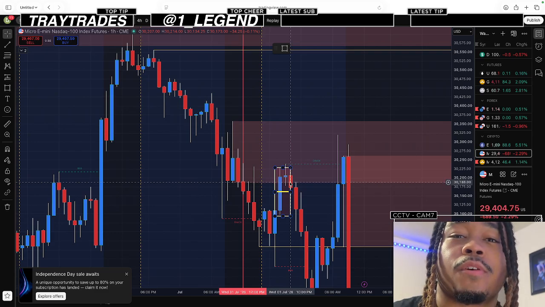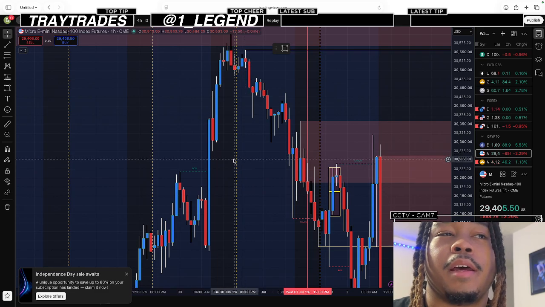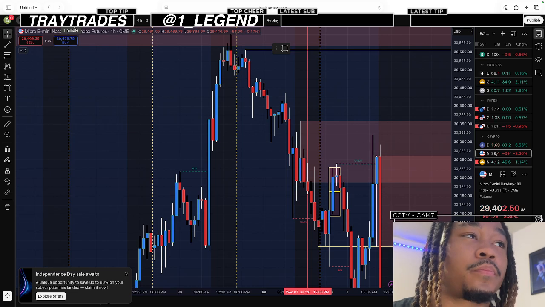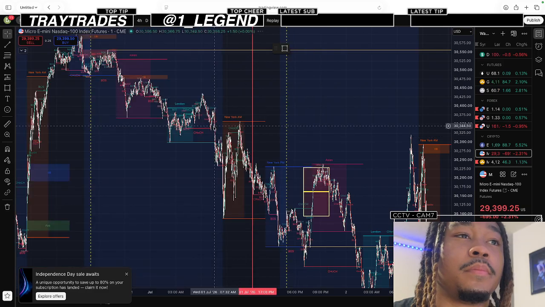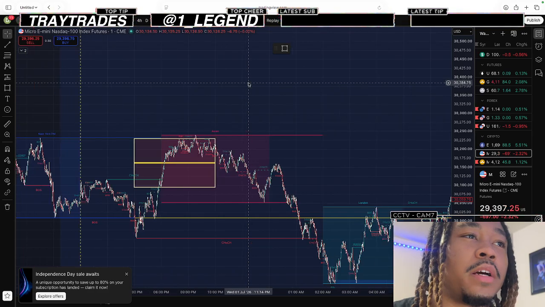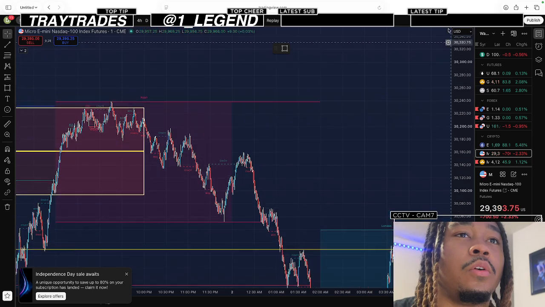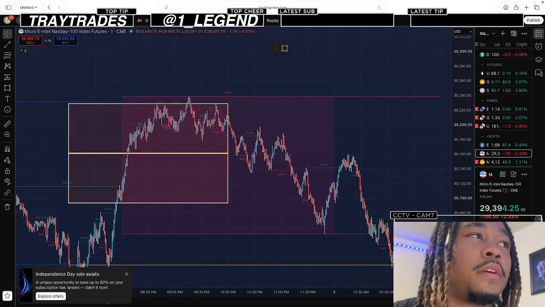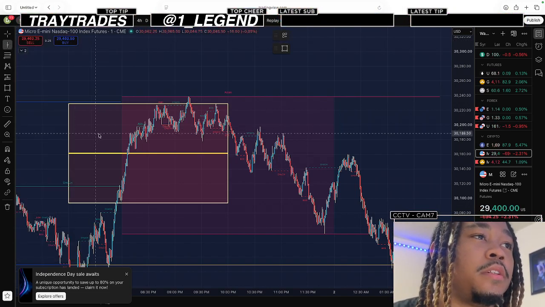This third candle started at 10 p.m. So we will go to a smaller time frame and I'll show you guys what I was looking at on this smaller time frame. This third candle starts at 10 p.m. Keep that in mind. So we will put a vertical line here at 10 p.m. so we can see where we opened up for price, and then we could see what price did.